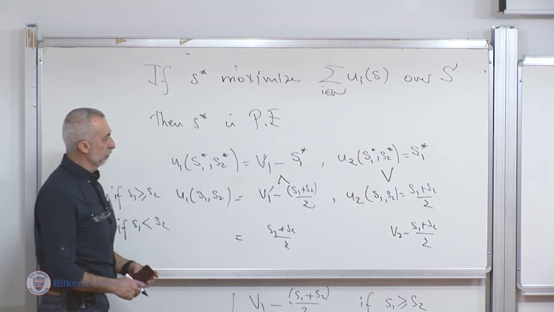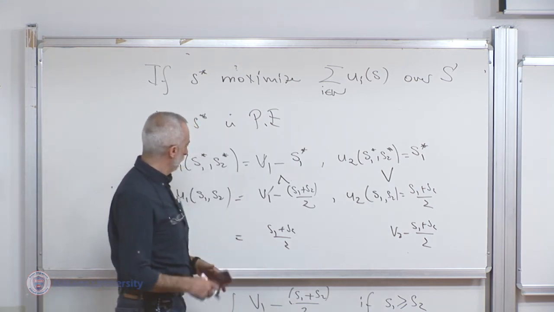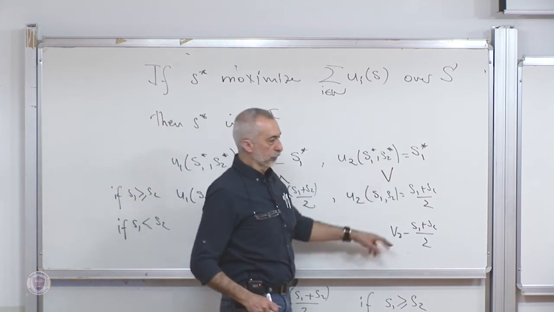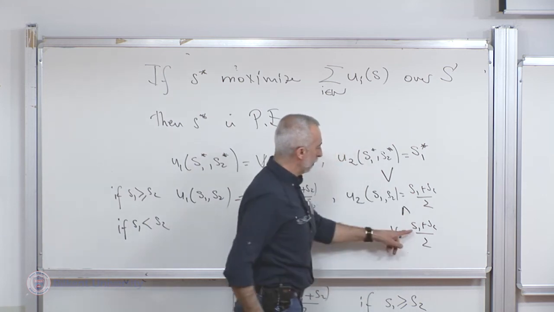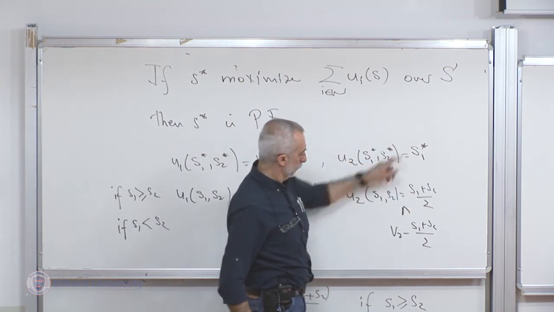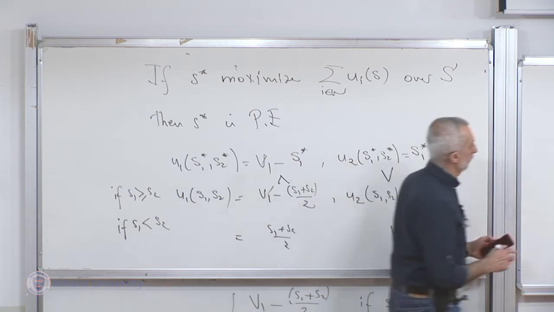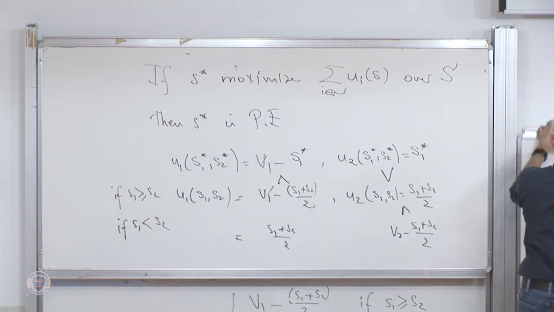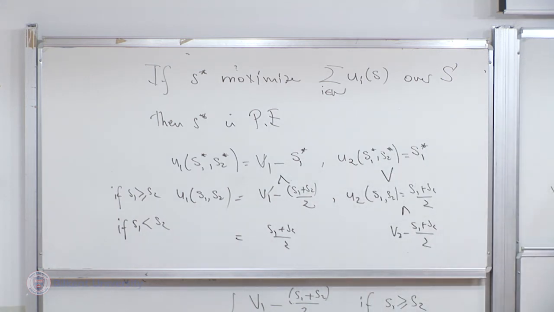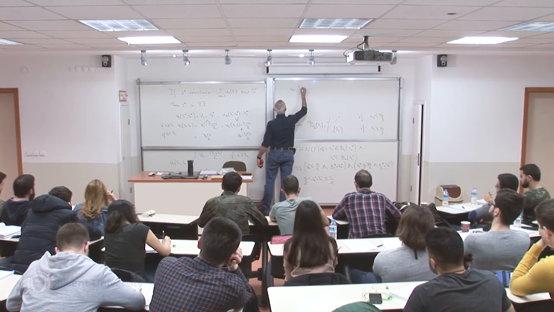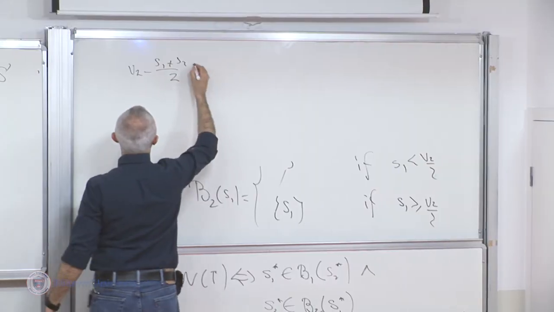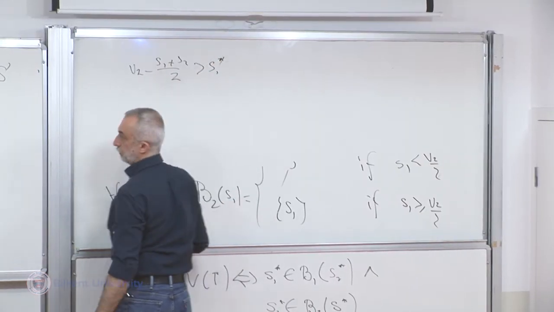So this time, if player 2 becomes better off, it means that this number is bigger than this number, okay, which would imply, let me erase this part, which would imply V2 minus S1 plus S2 over 2 bigger than V2 minus S1 star, okay?